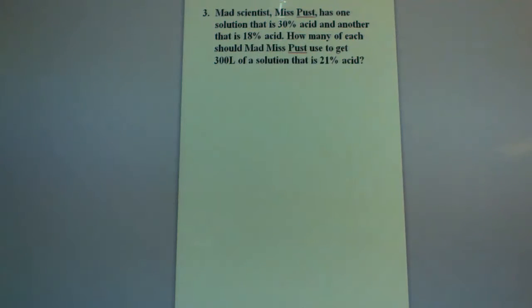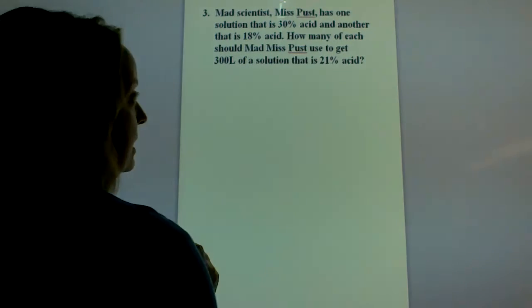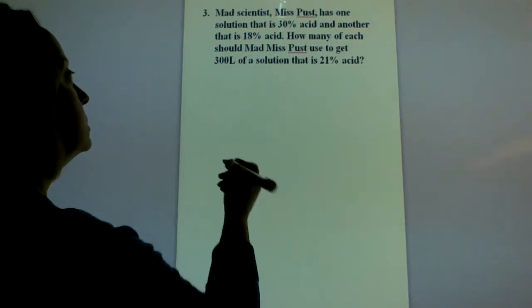Okay, so this one says, mad scientist Miss Poost has one solution that is 30% acid and another that is 18% acid. How many of each should Miss Poost use to get 300 liters of solution that is 21% acid? All right, so to solve this problem, we're going to set up a chart.